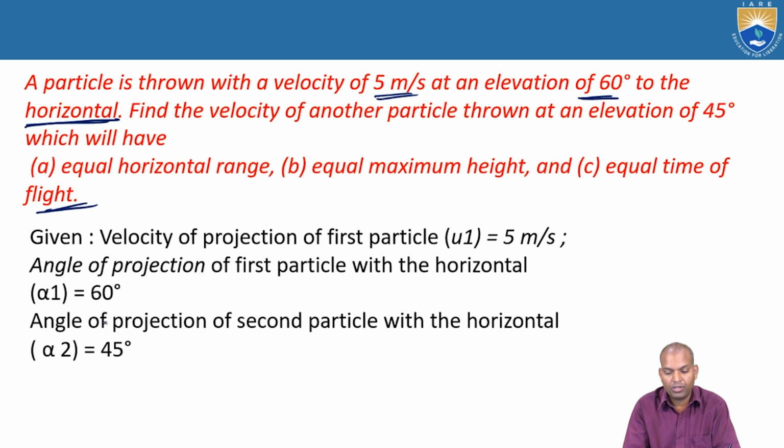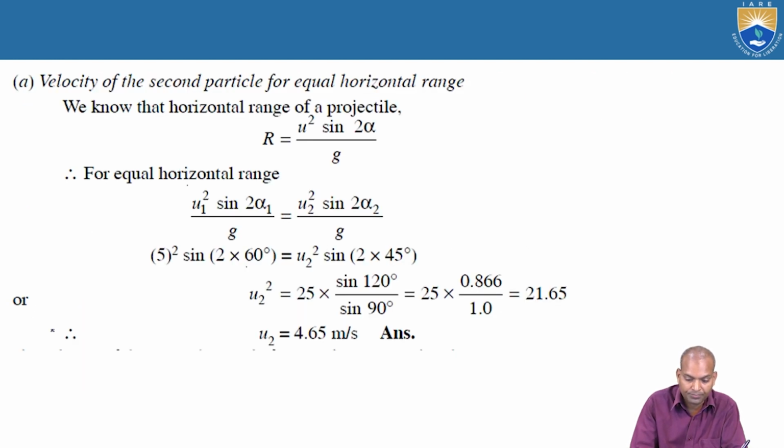Now that first one, the 60 degrees, is considered the first angle of projection. U1 is the 5 meters per second. And for the second particle, the angle of projection is 45 degrees. What about U2? You have to find out. Here there are three objectives.